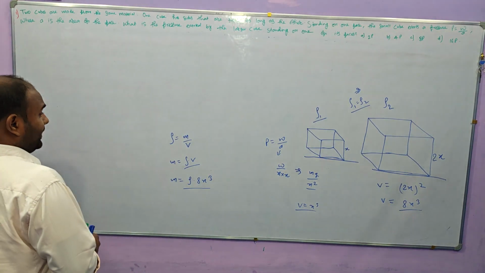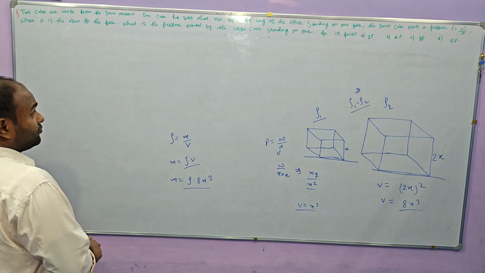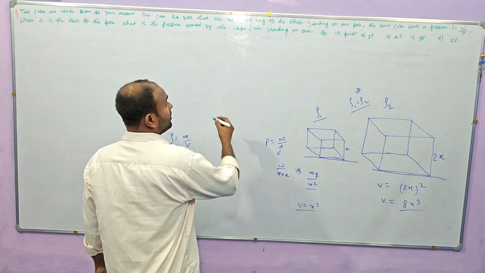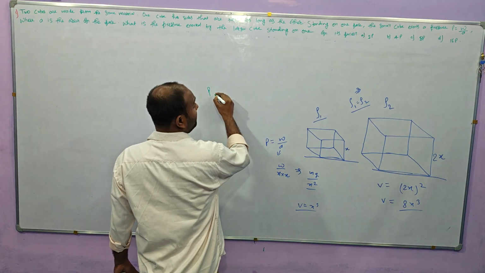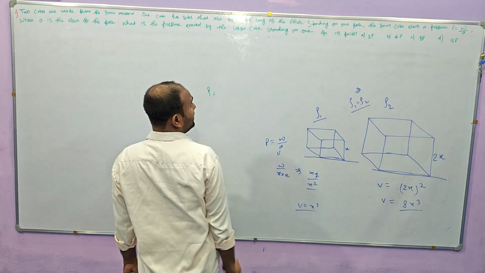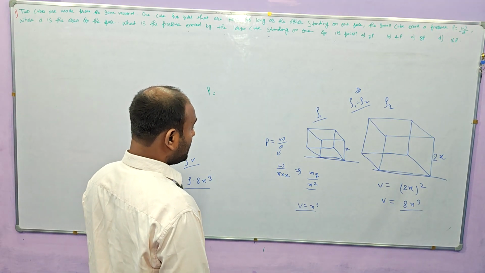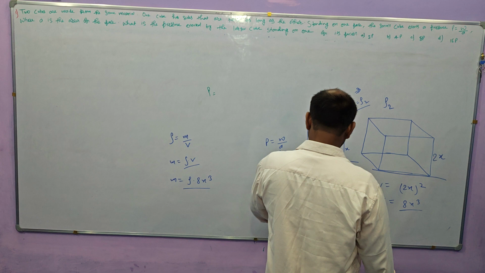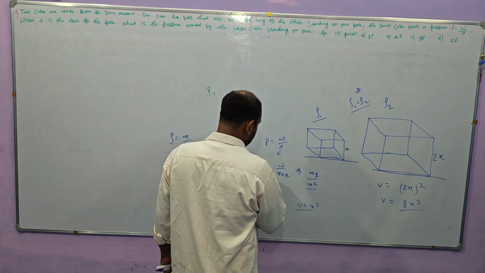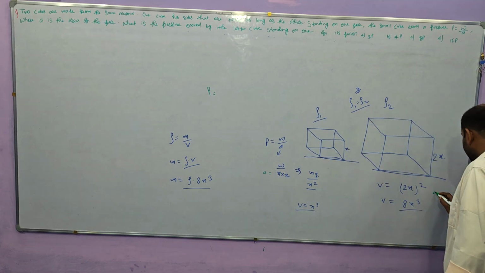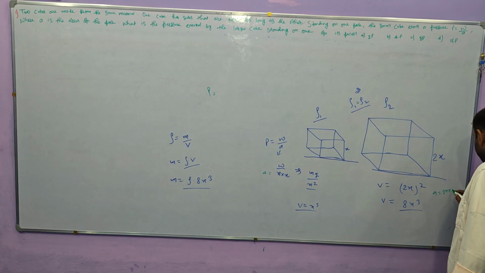So we can say that we have a pressure P, and it has an area A is equal to x square, then the other has an area 2x into 2x, that is 4x square.